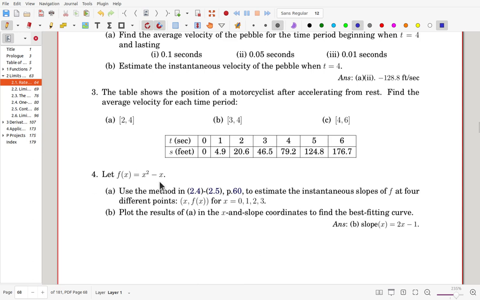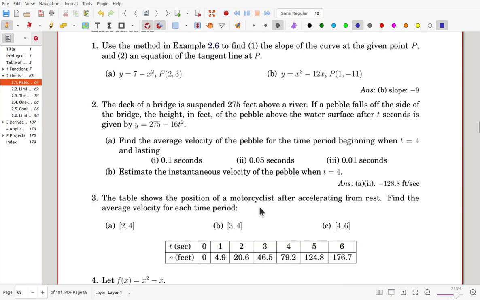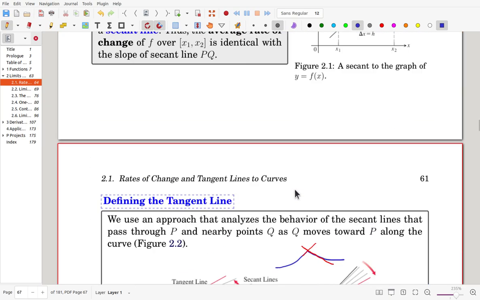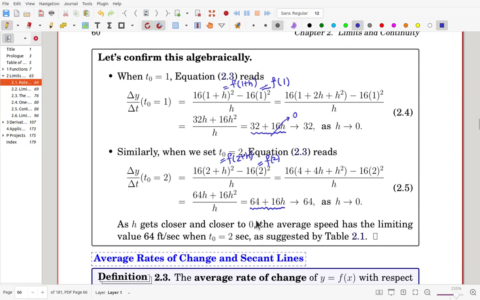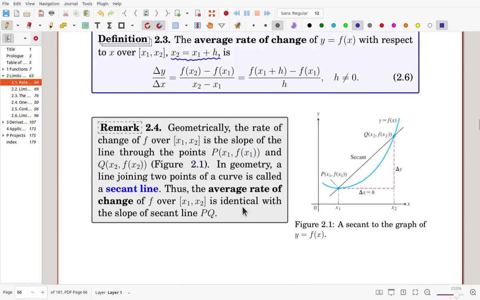Now f of x is defined as x squared minus x. Then by using the method in equations 2.4 and 2.5, that is basically the algebraic confirmation here, start with the average rate of change and try to find the limiting behavior as h goes to 0.